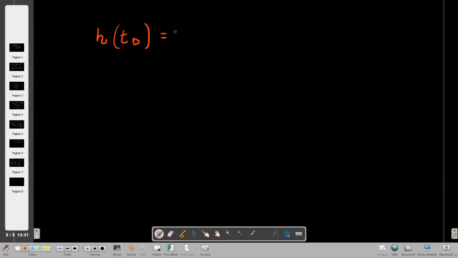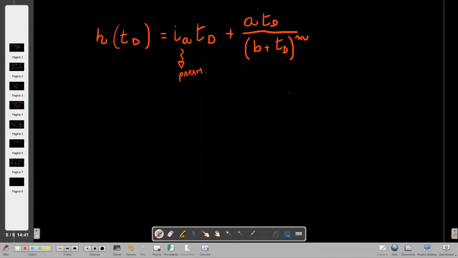Then somebody proposed to write the rainfall depth as a first term that is a parameter, this is a parameter, times the duration of the event, plus another parameter times the duration of the event, over another parameter plus the time duration, power m.